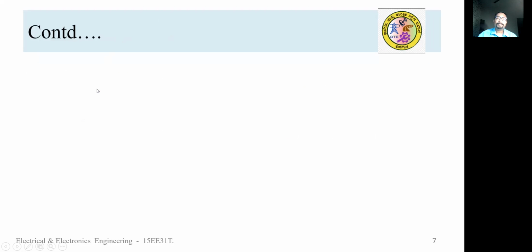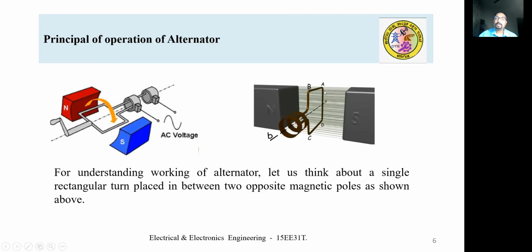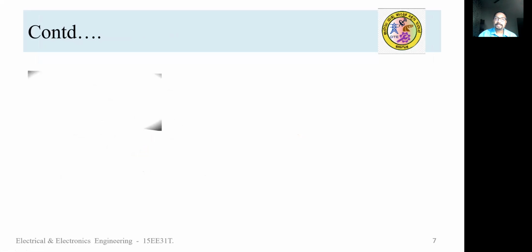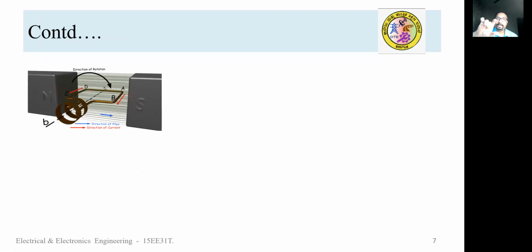Initially, when the coil starts to move, the coil sides move parallel to the magnetic field, then they become perpendicular. Hence initially zero EMF is induced, and finally, when the coil moves perpendicular, it cuts maximum flux. Hence maximum EMF will be induced in coil sides AB and CD. So in this diagram the maximum EMF is induced in this position.